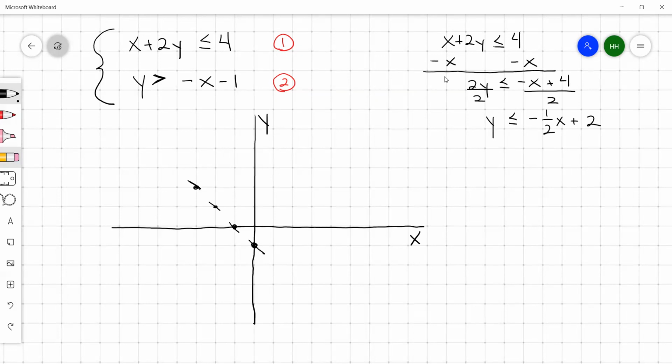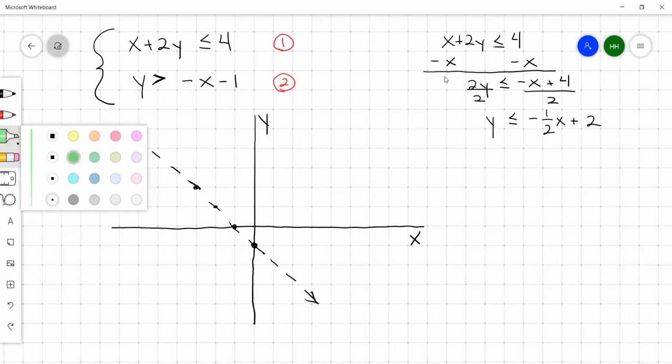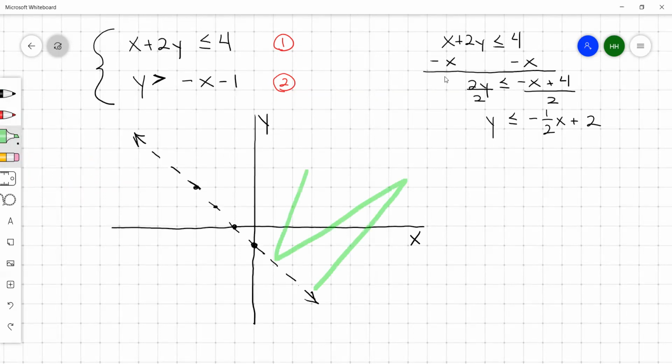It makes it a dashed line because it's not or equal to. That means the solutions don't lie on the line. In this case, the solutions lie above the line. The line is not included. So we're going to shade the top. That's our line number 2.